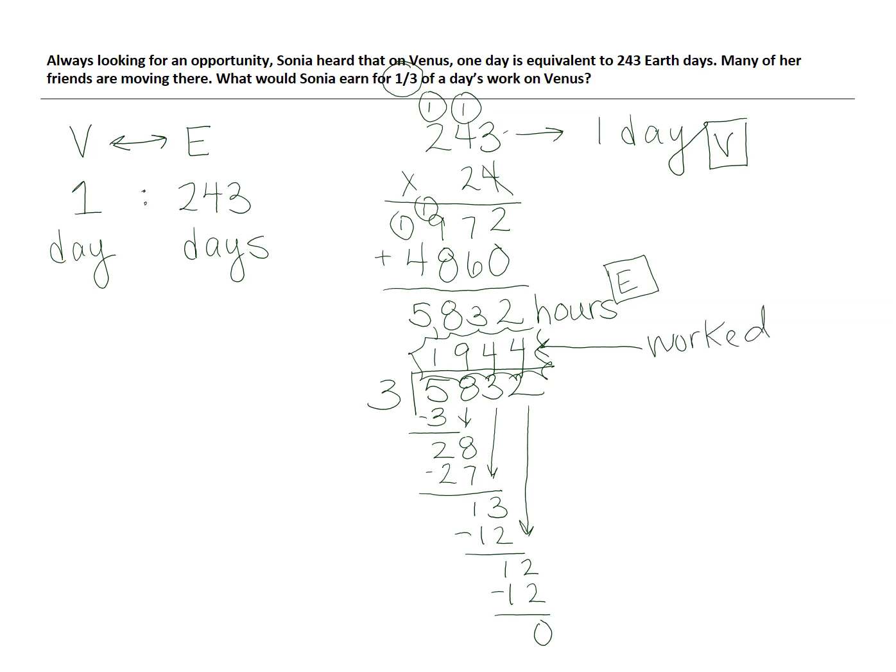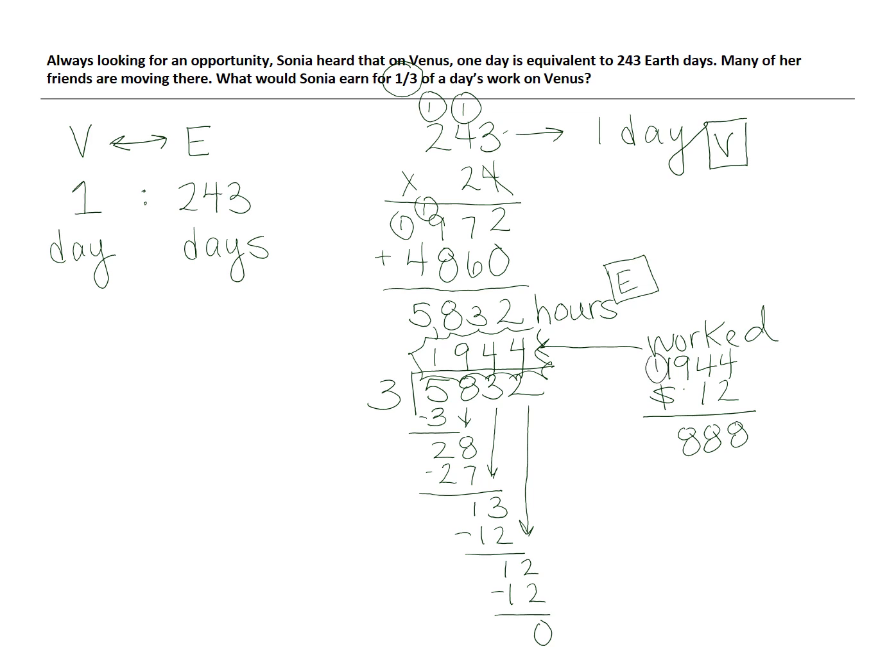And we know she gets $12 an hour. So we're going to do 1,944 times 12. 2 times 4 is 8. 2 times 4 is 8. 2 times 9 is 18.